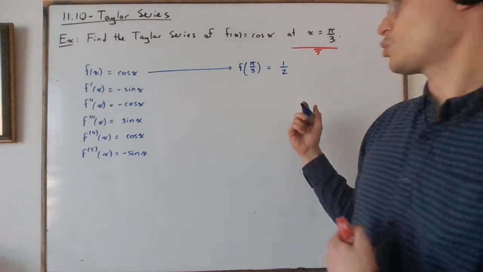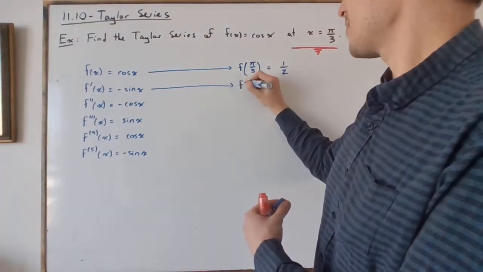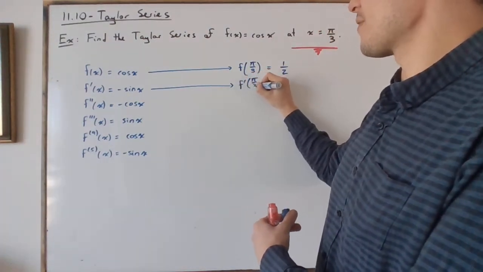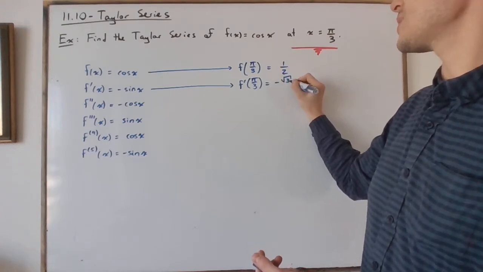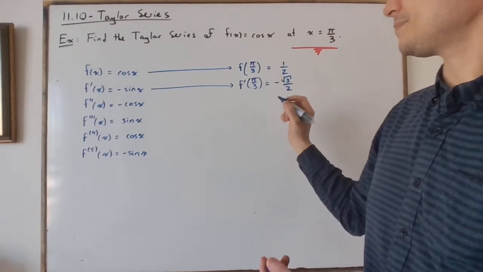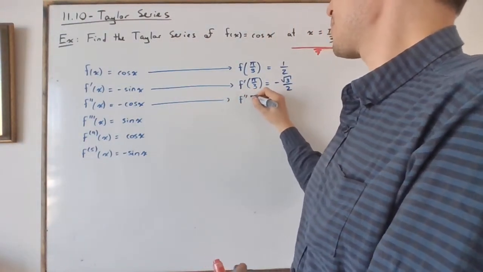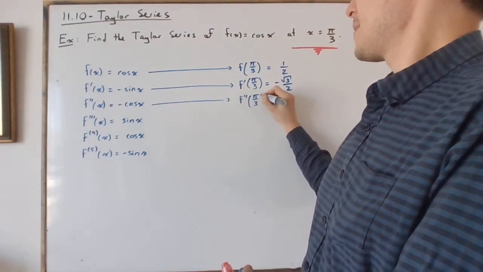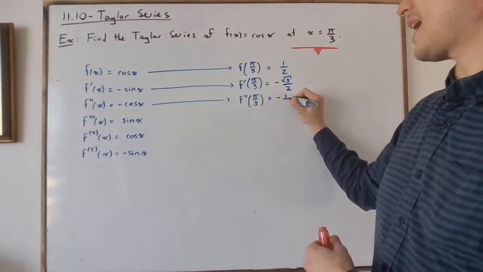Then we calculate what these derivatives are at pi over 3. So, f prime of pi over 3, that's the negative sine. That's negative root 3 over 2. Then with the cosine, we have f double prime. That is, as you can see, going to be negative 1/2.